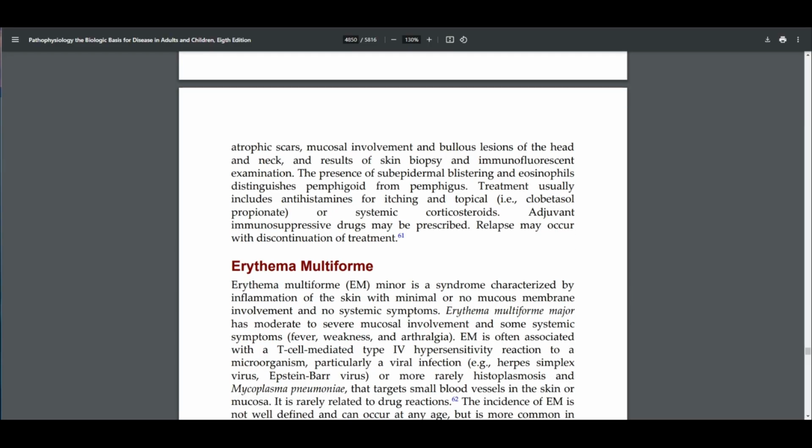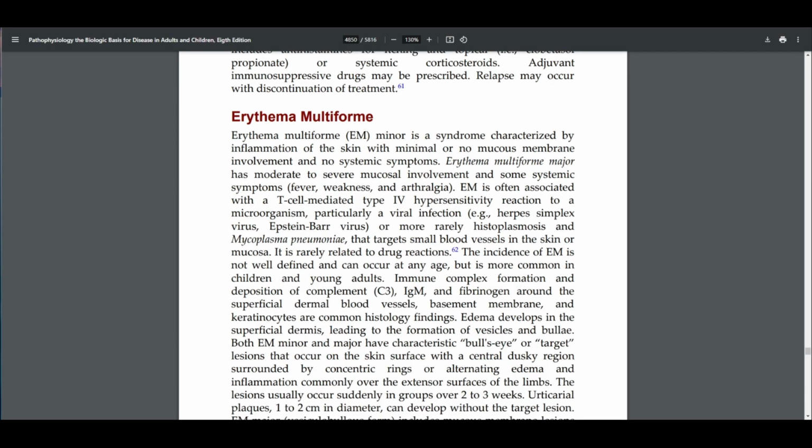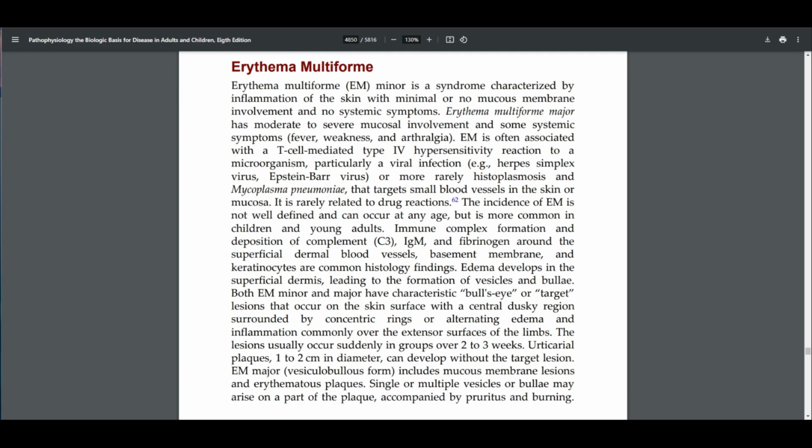Erythema multiforme. Erythema multiforme minor is a syndrome characterized by inflammation of the skin with minimal or no mucous membrane involvement and no systemic symptoms. Erythema multiforme major has moderate to severe mucosal involvement and some systemic symptoms.